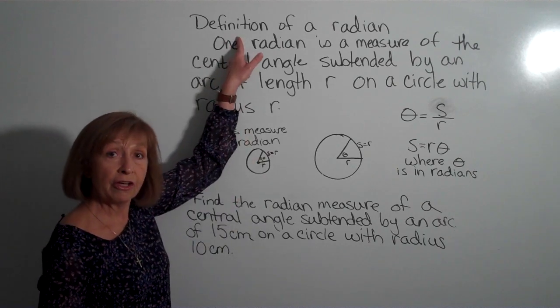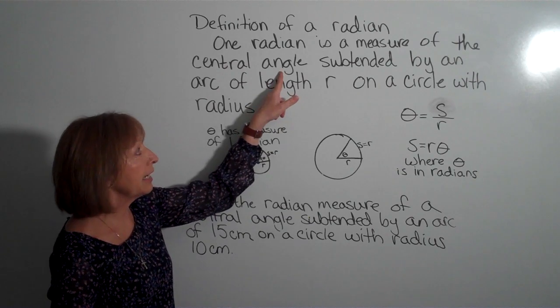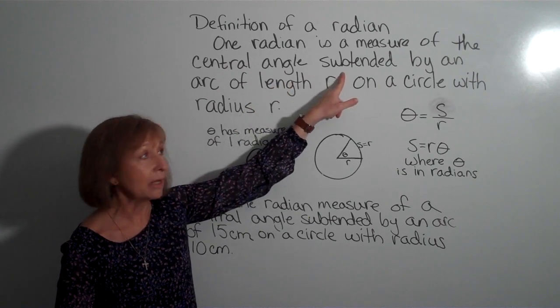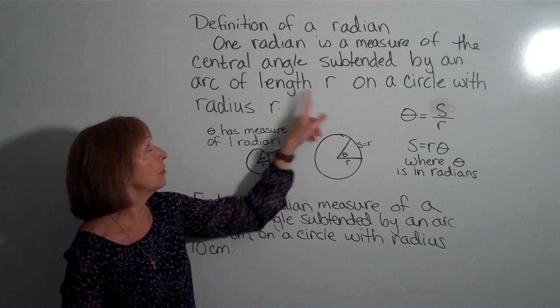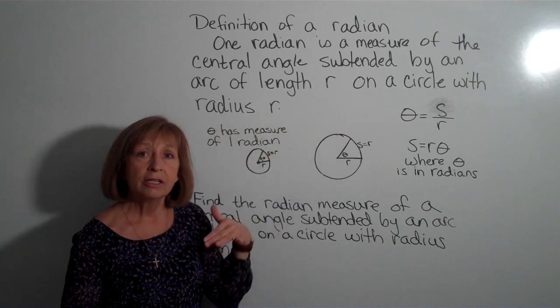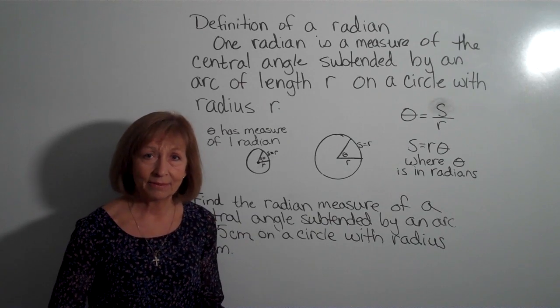Now, the definition of a radian is: 1 radian is a measure of the central angle subtended by an arc of length r on a circle with a radius of r. So a radian is the length of a radius.